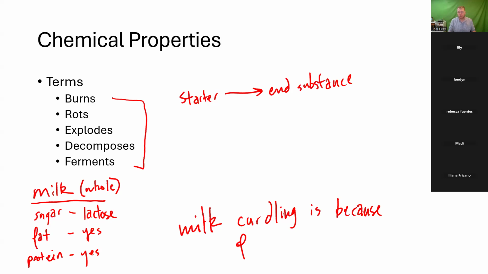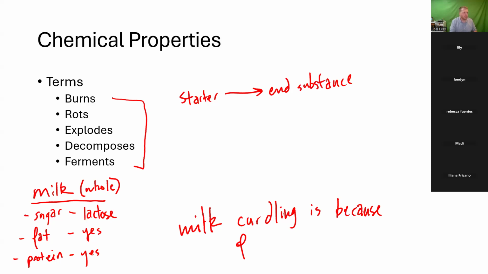One of my kids drinks a lot of milk. He eats a bowl of cereal, but then he wants a glass of milk to go alongside it. So anyway, when it comes to your major macronutrients, the ones that help your body grow and continue to extract energy and run and do activities, milk has a lot of them. It's got sugar, fats, and proteins.